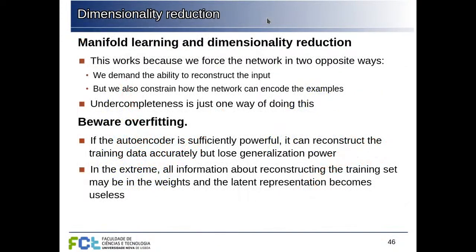So this works basically because we are forcing the autoencoder to do two different things. One is to reconstruct the input, but the other is to respect some constraint that we are imposing. For example, undercompleteness, where we reduce the dimensionality of the representation when compared to the original data, or some regularization that we impose, and so on. Remember that if the autoencoder is too powerful, it will not learn anything useful.